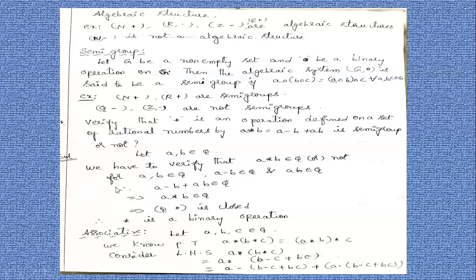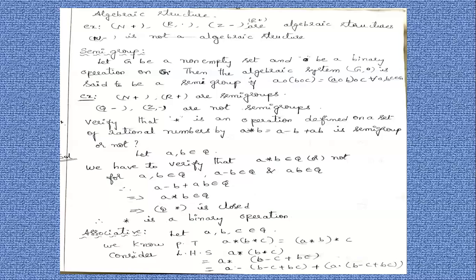Now we are considering a, b belongs to Q. We already know that the subtraction of two rational numbers is a rational number, therefore a minus b belongs to Q. The product of two rational numbers is also a rational number, therefore ab belongs to Q. We also know that rational numbers are a group under addition, therefore a minus b plus ab belongs to Q. This implies a star b belongs to Q, because we defined a star b equals a minus b plus ab.